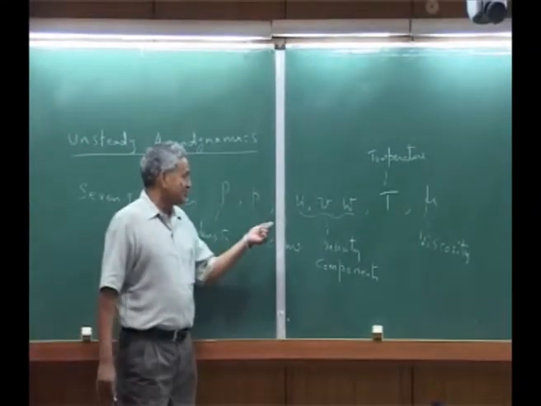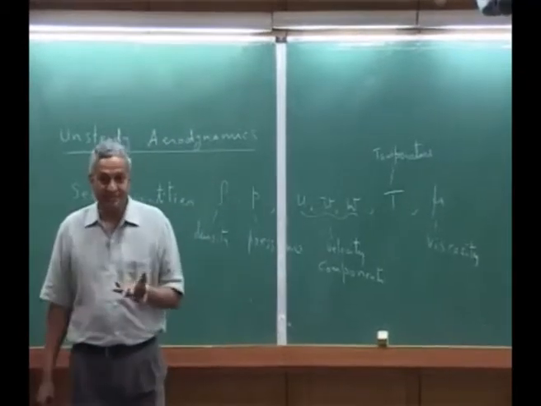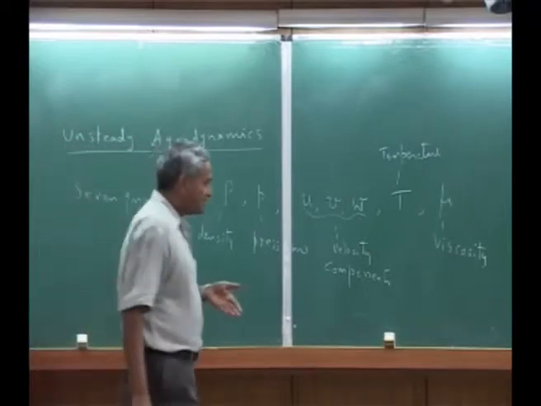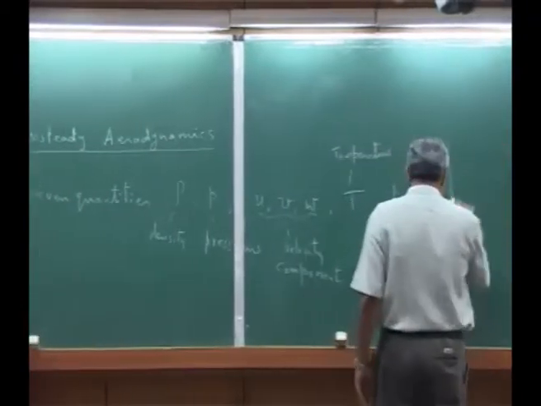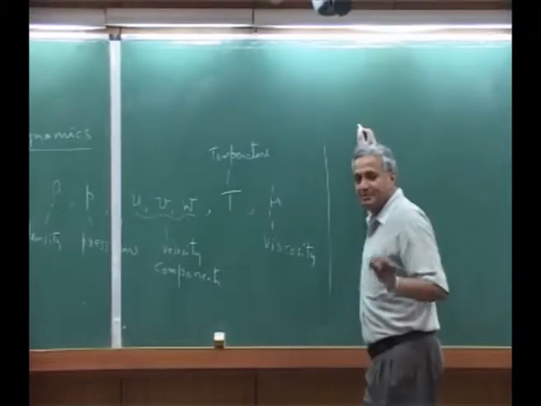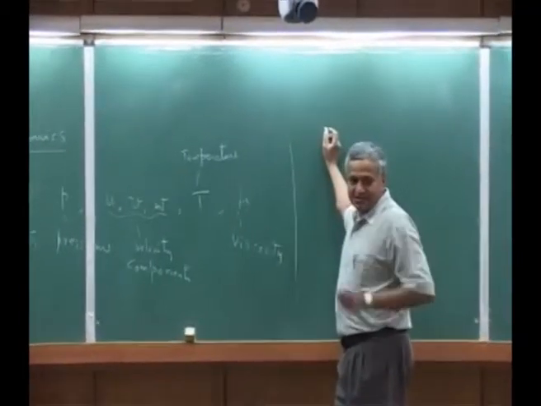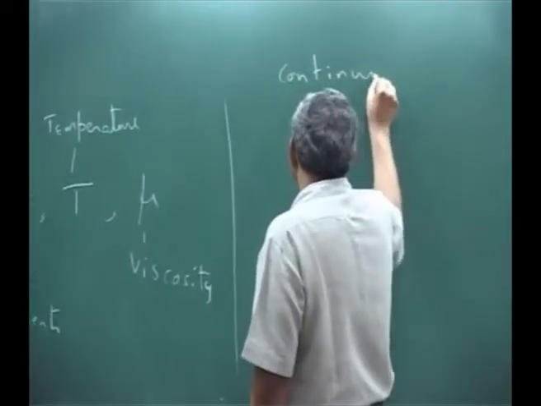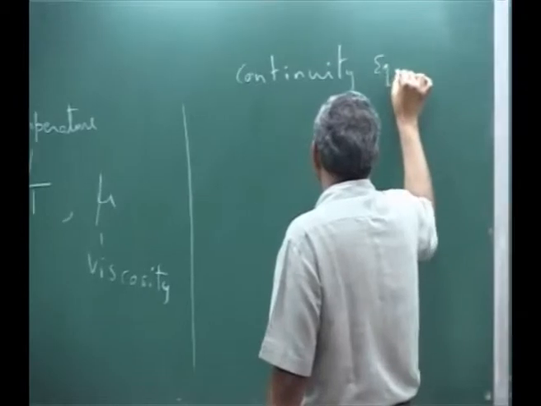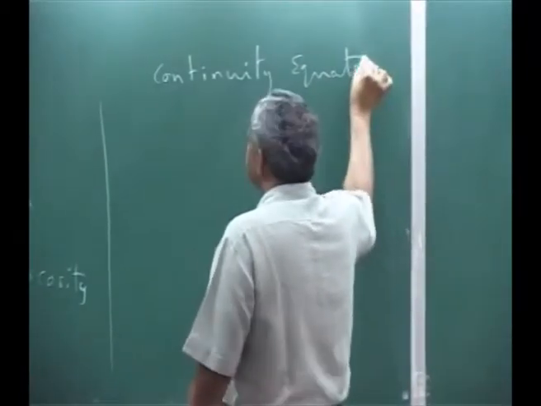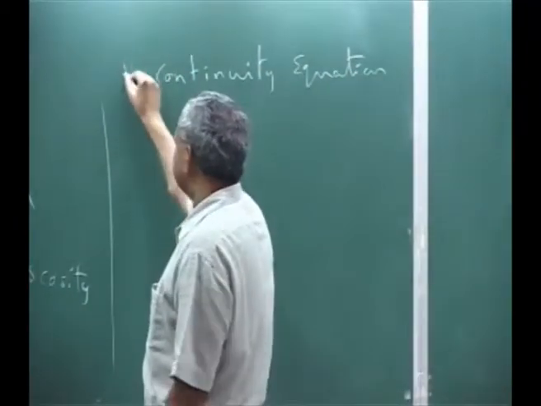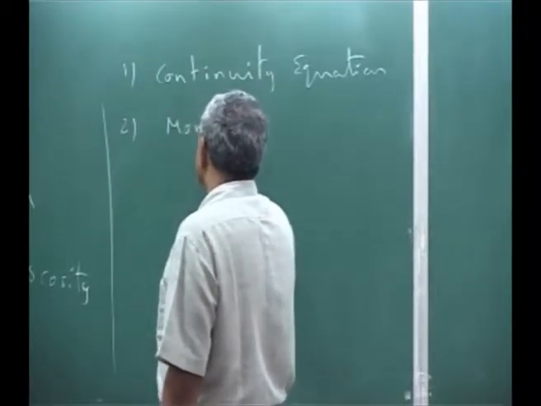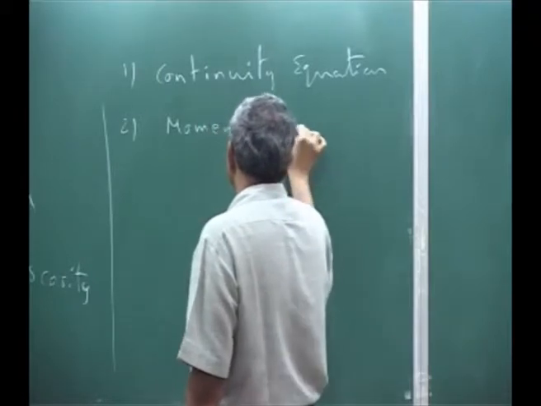Now, if you have 7 quantities, you need to have 7 equations. Now, those 7 equations are, I'll just write the names. All of them are from conservation. One is mass conservation, which is the continuity equation. Then you have momentum equations.